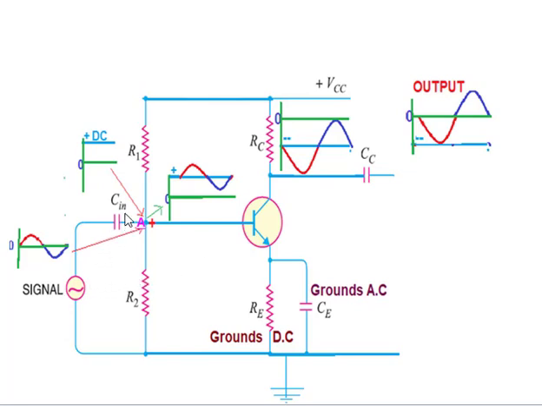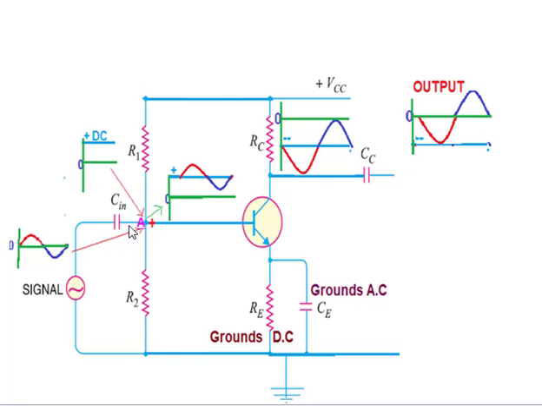See here, this is the C in, the input capacitor. It allows only the AC signal to pass through it, and it also blocks the DC voltage from the biasing voltage source.